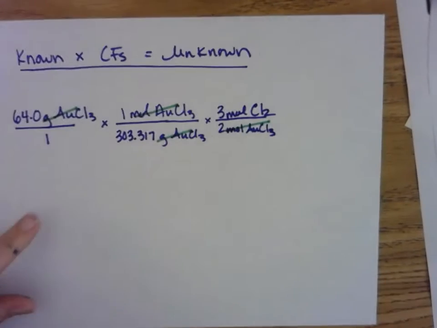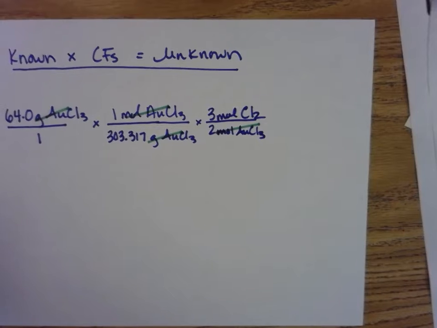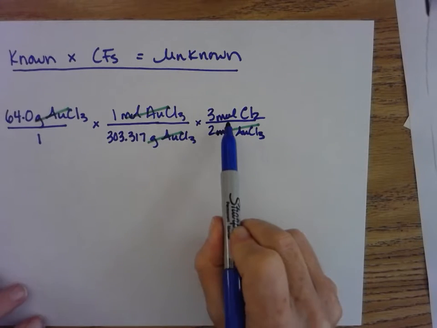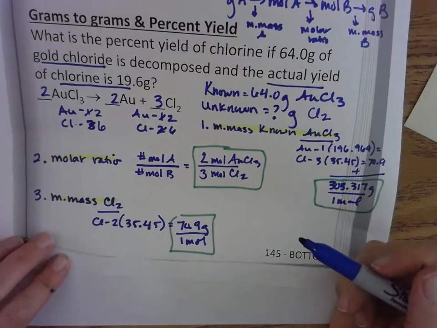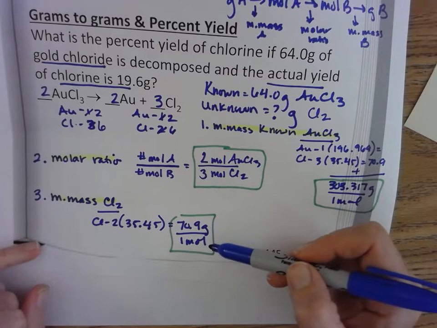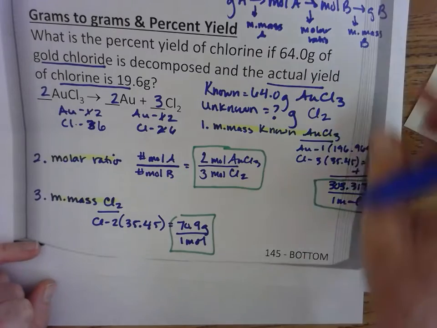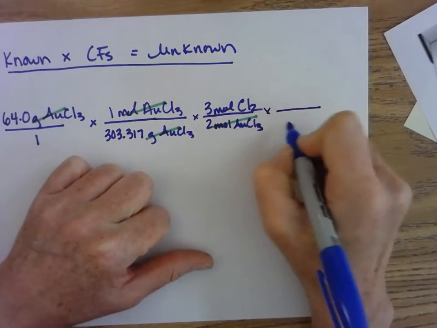But this is the last one. So look, I got moles of Cl2 on top. And here's the last conversion factor, right? The mole goes on the bottom and 70.90 grams on top, so I can cancel them.